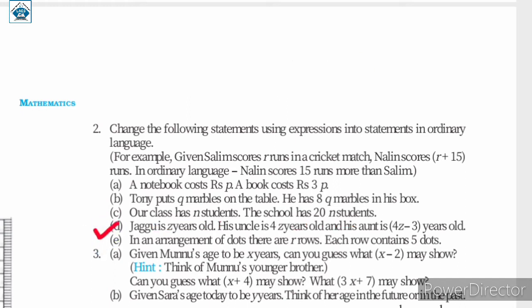D. Jaggu is Z years old, his uncle is 4Z years old and his aunt is 4Z minus 3 years old. Now, here we can easily say that Jaggu's uncle is 4 times older than Jaggu, because it is 4 multiplied by Z. And Jaggu's aunt is 3 years younger than his uncle.